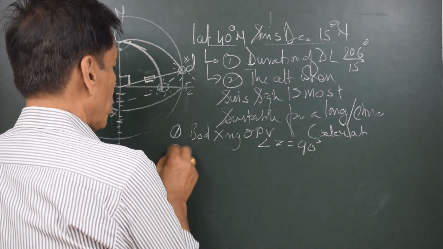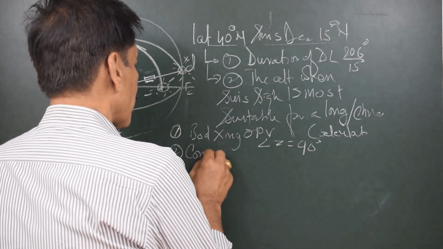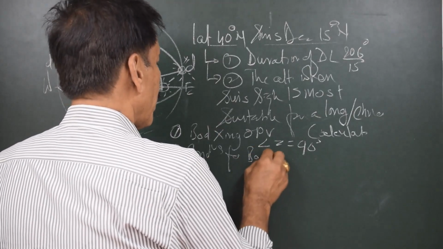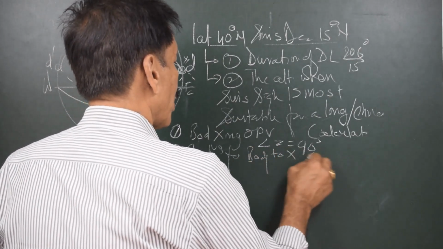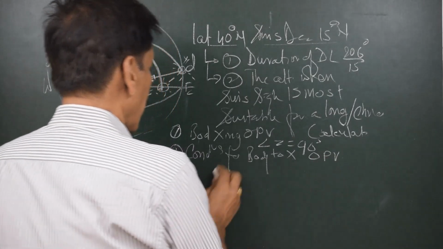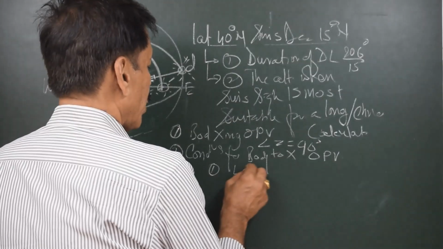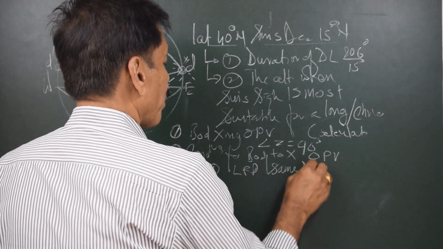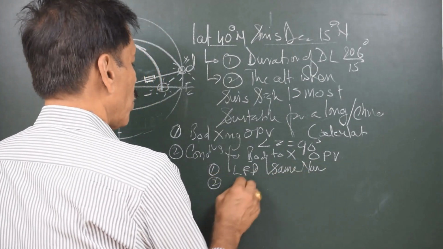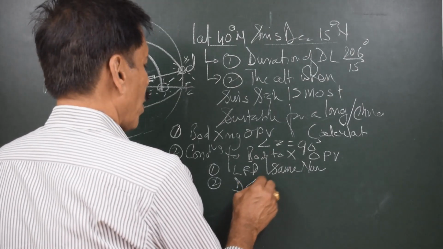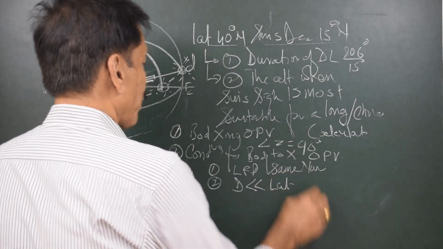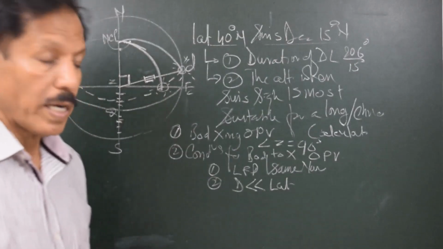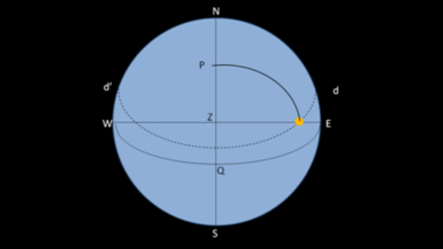Number two, the conditions for a body to cross the observer's prime vertical are, number one, latitude and declination should be of the same name, and number two, declination is smaller than or equal to latitude.